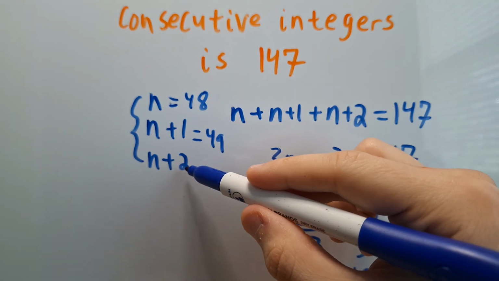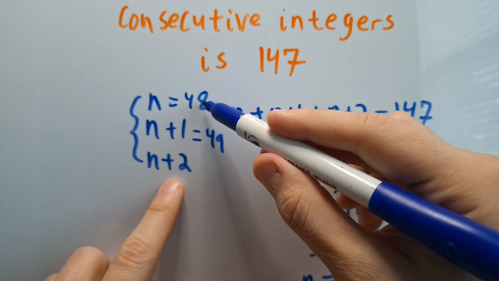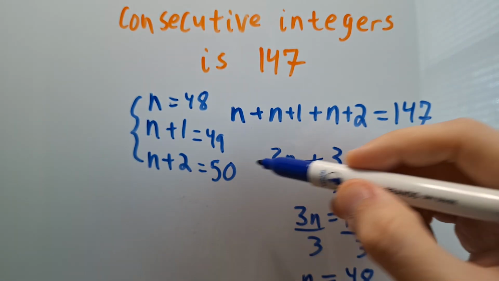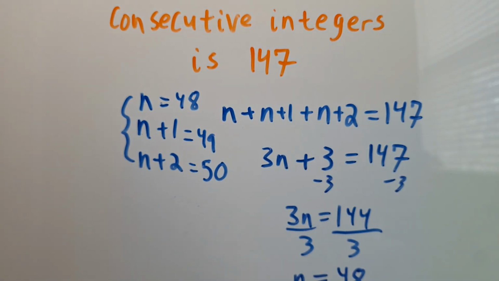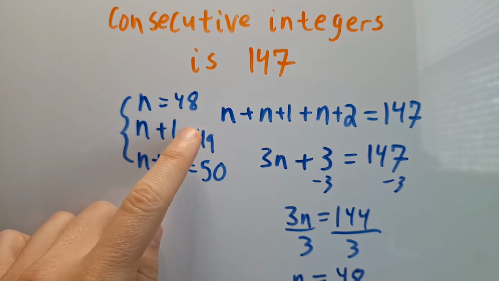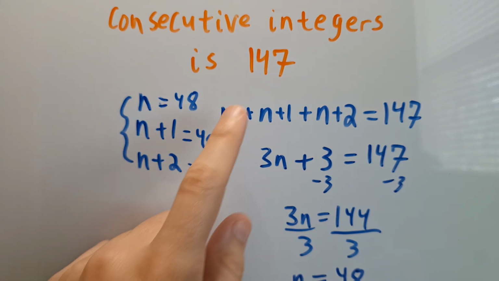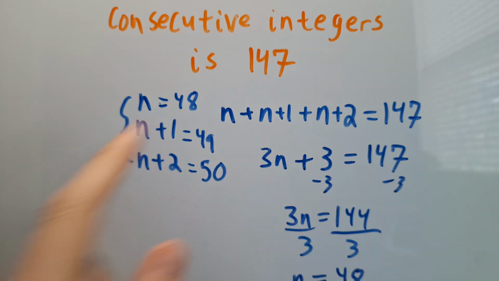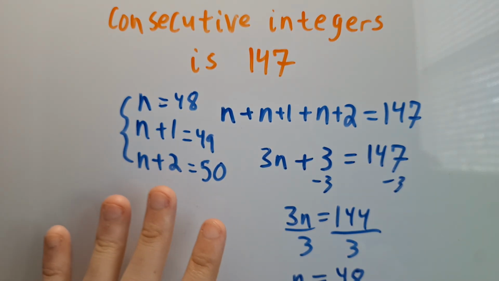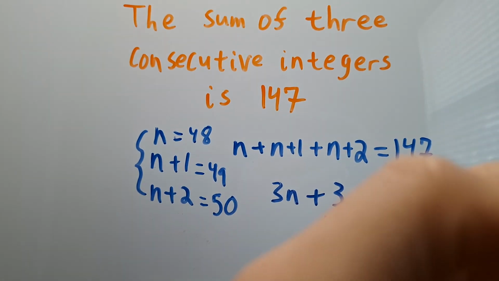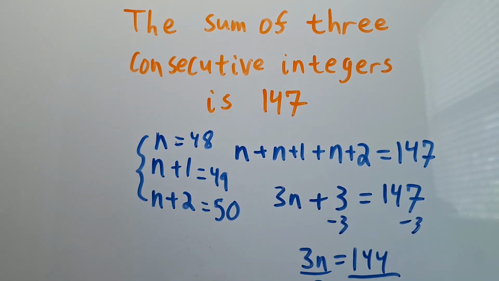And then n plus 2 will be 2 units larger than this value, which will be 50. So in summation, if you're adding 48, 49, and 50, 3 consecutive integers, the sum is 147. That's the setup for a problem such as this, dealing with consecutive integers.